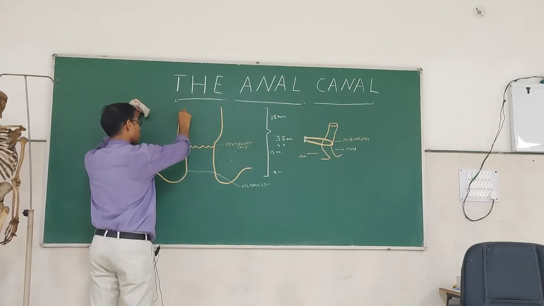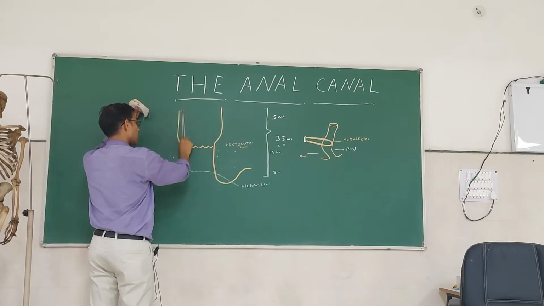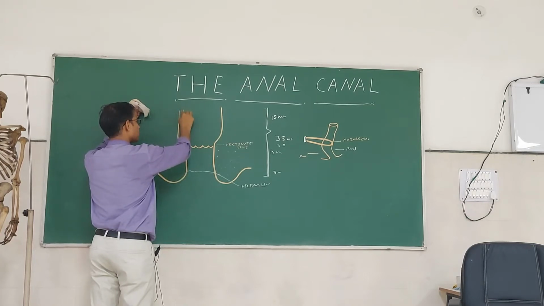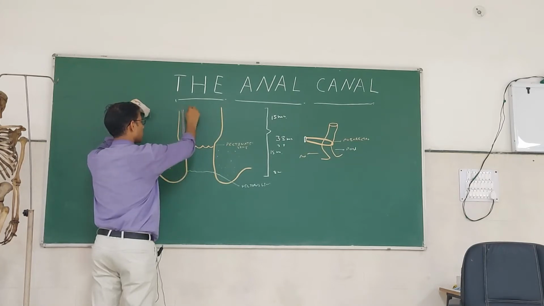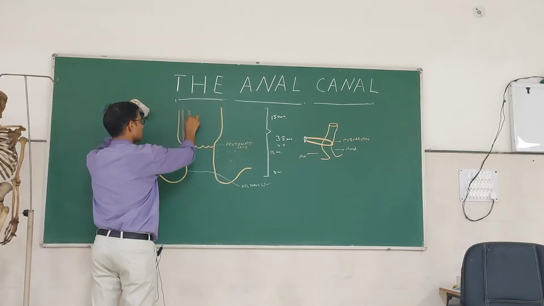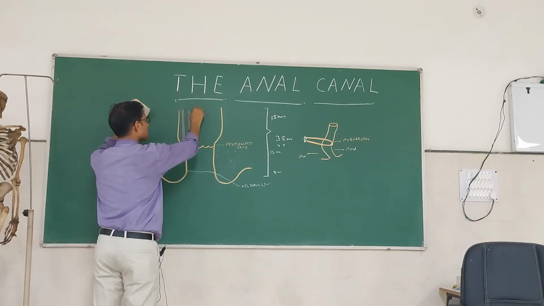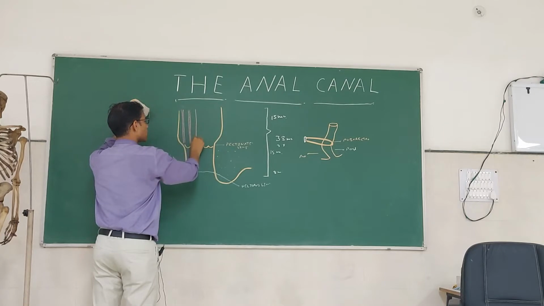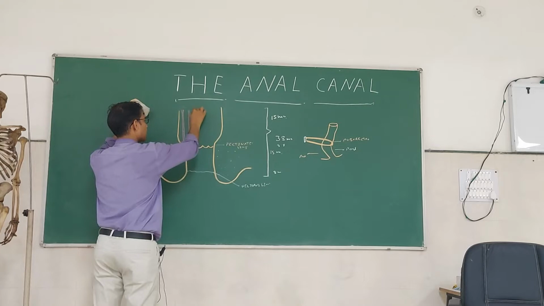I am drawing here column number 1, and there the shadowing of the column. These are the columns, column number 1, and so on. Underneath the mucosa, the vessels are coming. That is the radicals or terminal longitudinal branches of the superior rectal artery as well as the superior rectal veins.